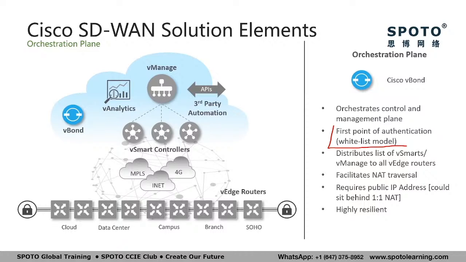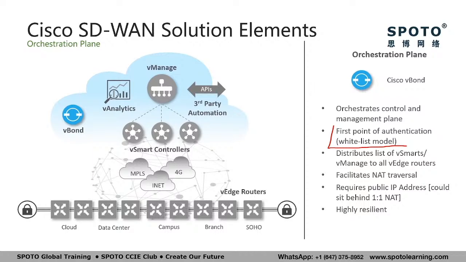For situations where vSmart controllers, vManage systems, or vEdge routers themselves are behind NAT, the vBond orchestrator facilitates the function of NAT traversal by allowing learning of public and private IP addresses. The discovery of public and private IP addresses allows establishing connectivity across public and private WAN transports.